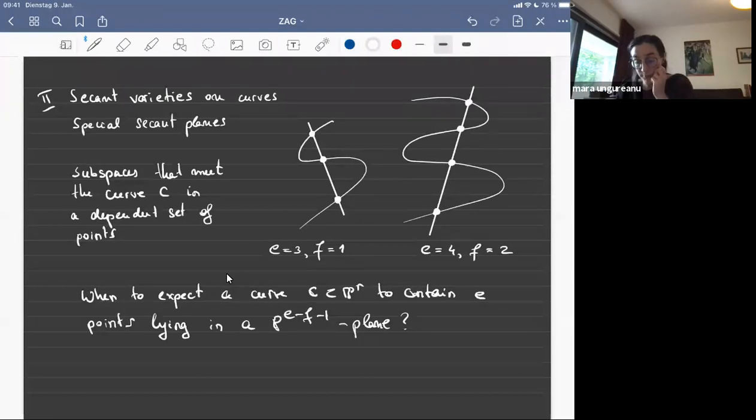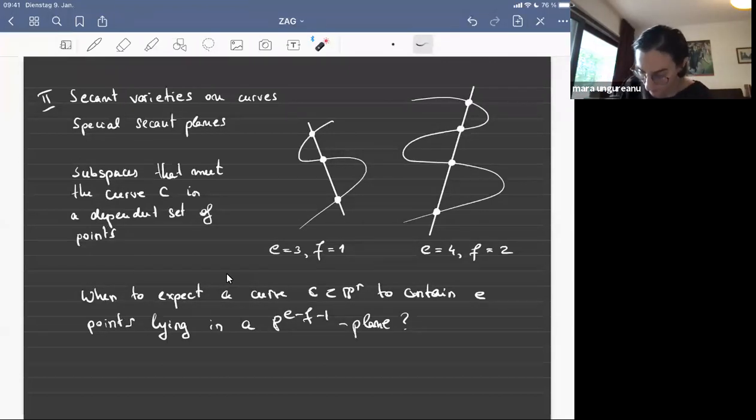So this is the question that we are actually asking, and you see that the very first definition that I gave for a secant variety is basically the same for f equals 0. But now I want my f to be whatever.